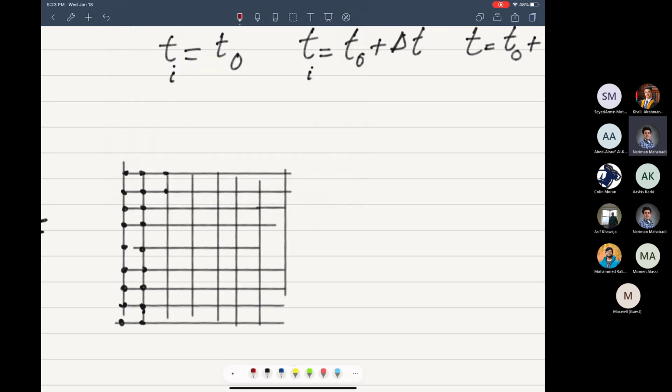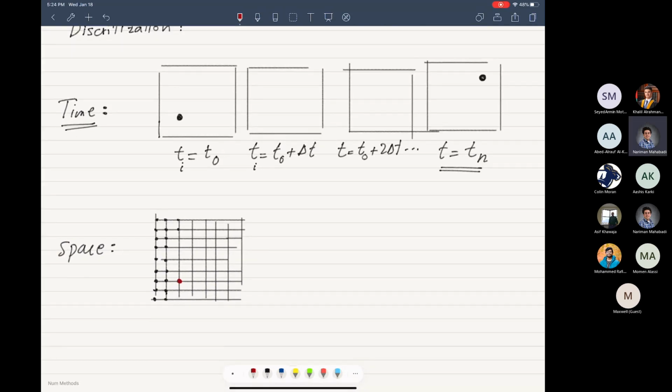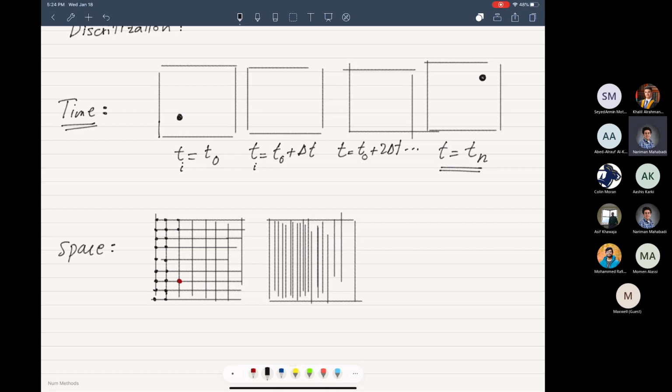Let's say this is my solution in reality. I can approximate my value at this point, which is right on my grid, and I'm not able to find anything for this point because it's not on my grid. Of course, with a finer mesh or more grid points, you would have more ability to approximate the system accurately.